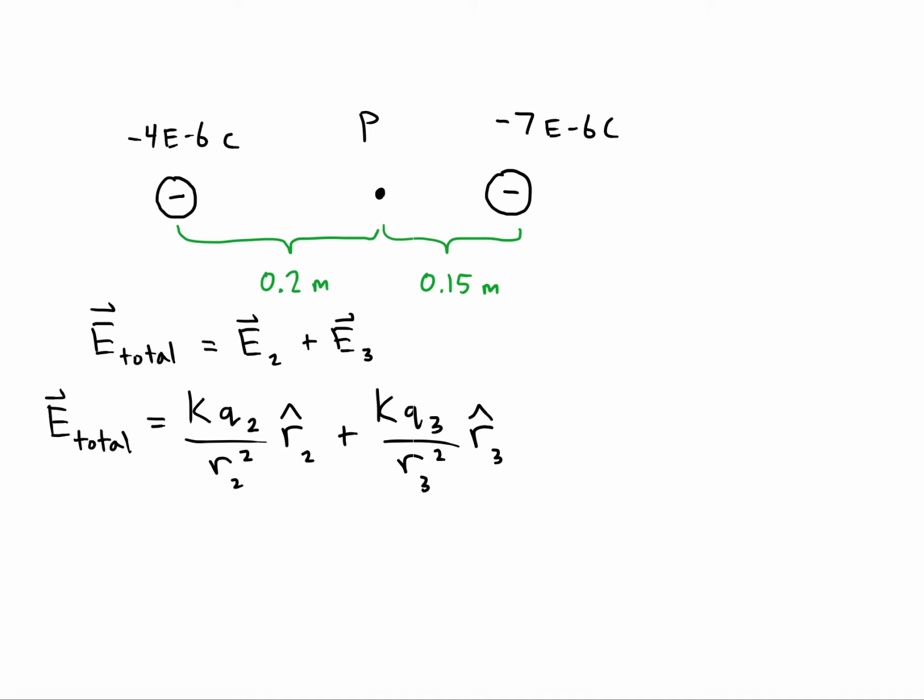And you have to think back to what the definition of an r hat is. So r hat points from a charge toward the point where you're evaluating the field. So that would be r2 hat. And this is r3 hat.